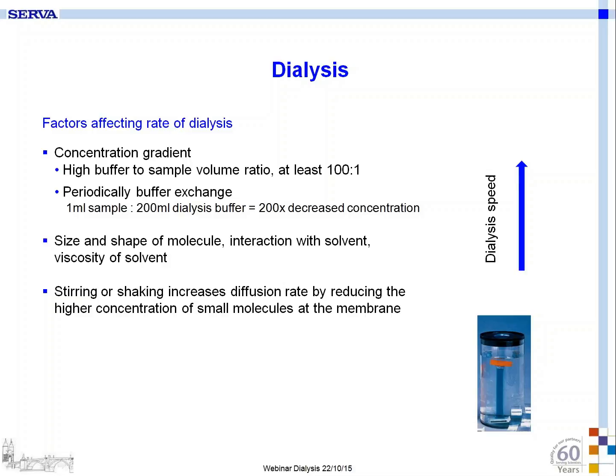Why should you stir or shake your dialysis membranes to increase the diffusion rate? Because during the dialysis, the low molecular components wander through the pore size out of the membrane, and over time you will build up a high concentration layer of these dialyzed substances at the membrane side, and of course this will slow down the diffusion rate significantly, because you decrease the concentration gradient.